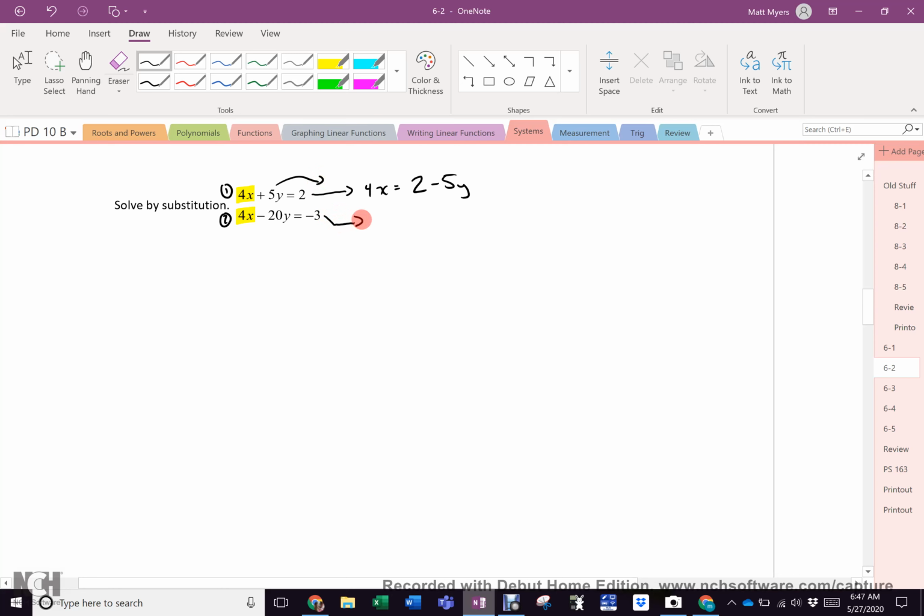And what about equation 2? Doesn't 4x equal 20y minus 3 when I move the 20y over? Sure it does. What do you see here? I'm going to take a moment for you to look at that. 4x is that, but 4x is also that.